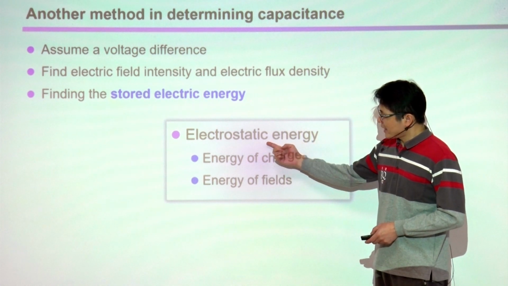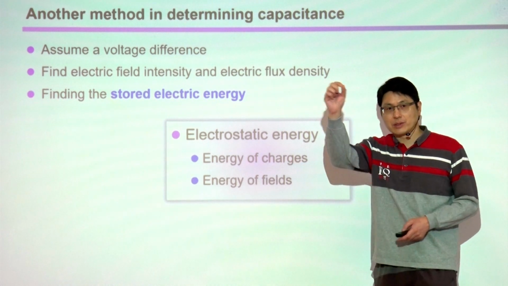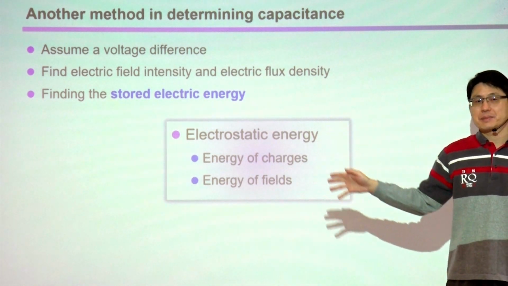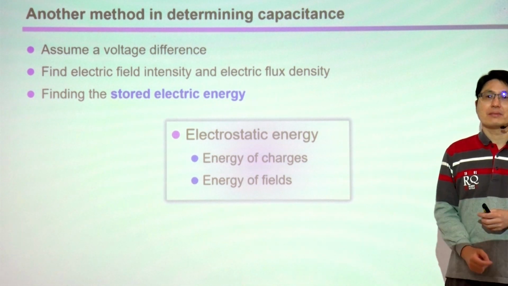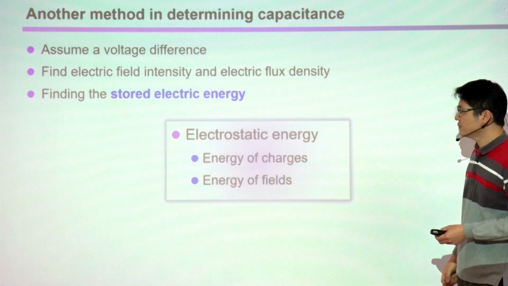So electrostatic energy can be stored in charges, right? If we have a charged particle, it can set up some kind of field distribution, and therefore energy is being stored. Right?